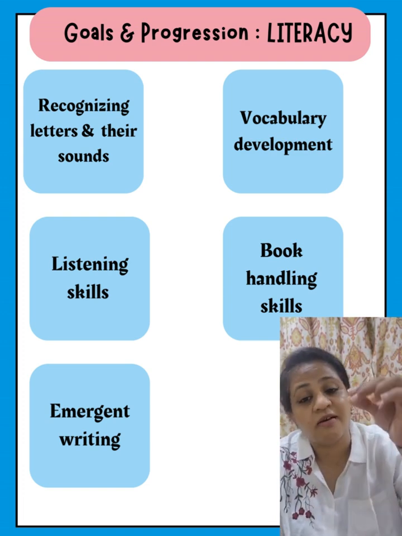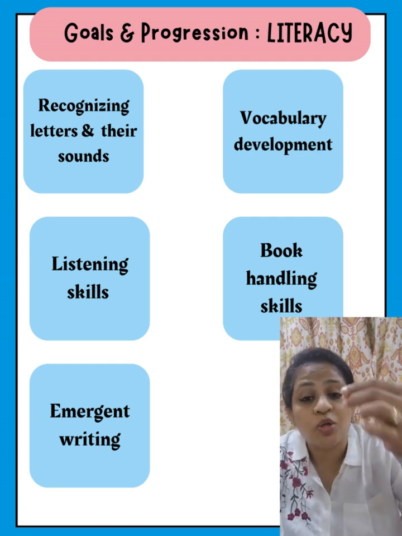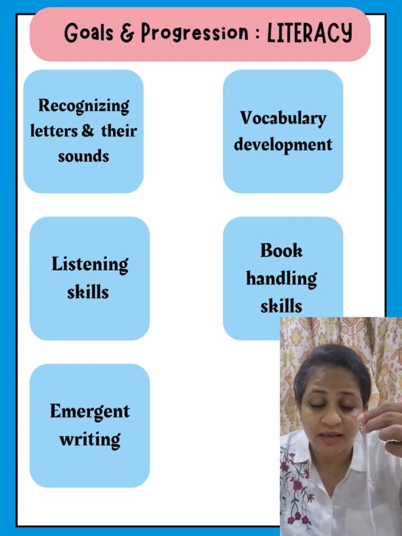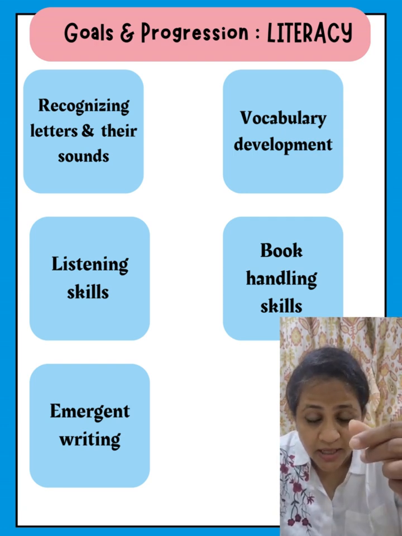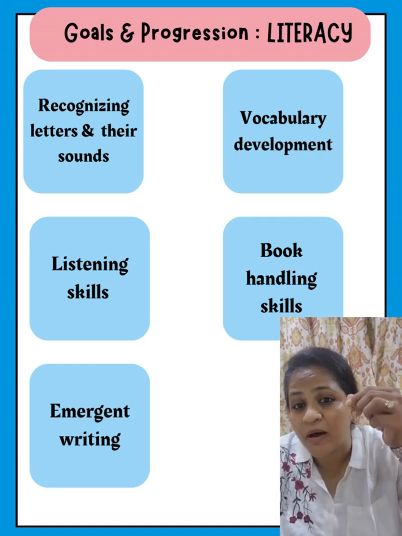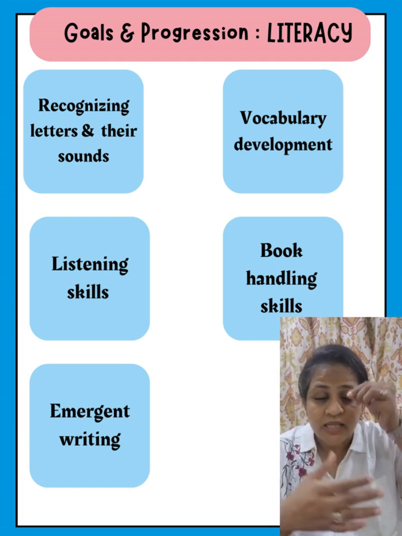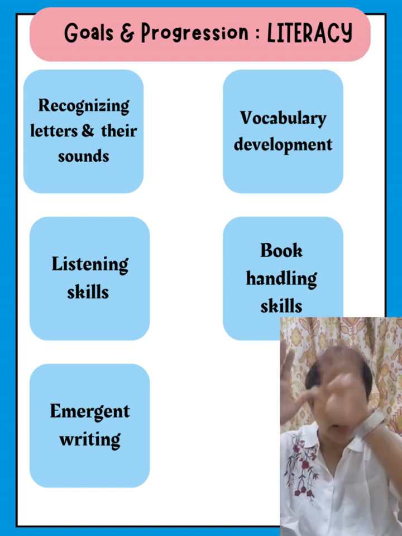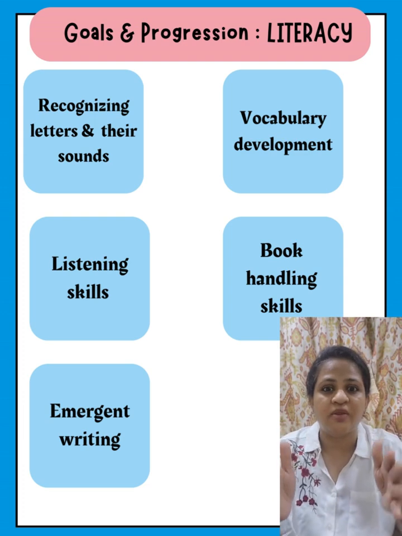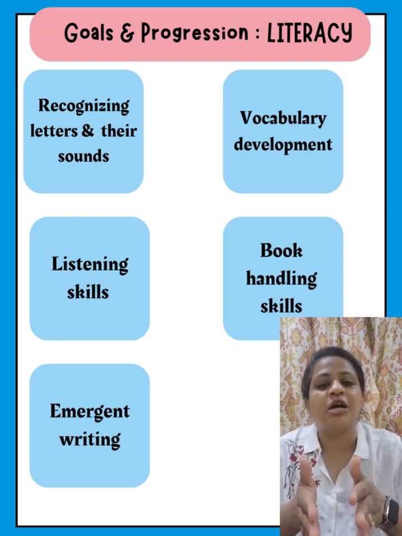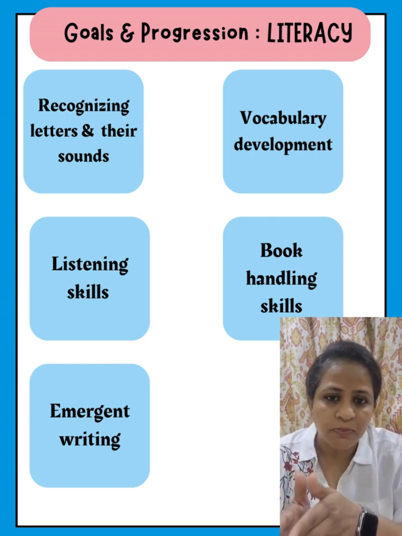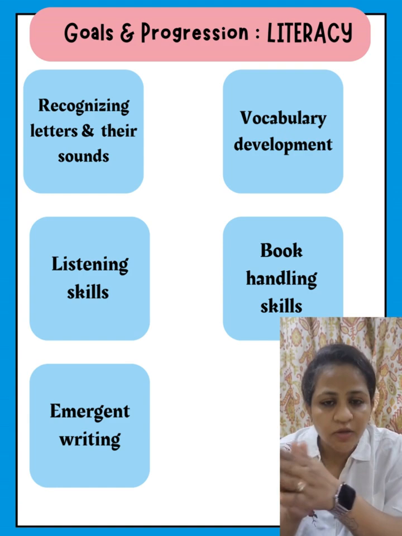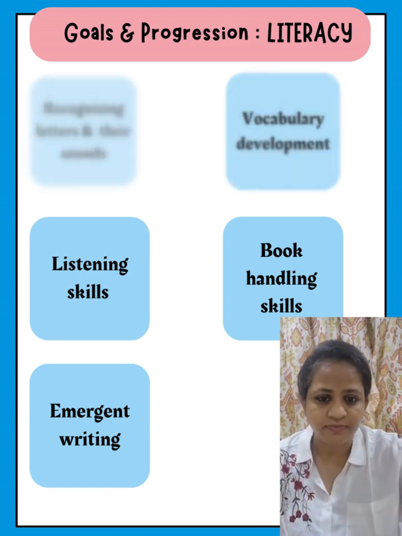So we use our fingers and hands. They also get the habit of the pincer grip. These are a few of the goals and ideas for the progression chart which were planned while making this curriculum for literacy.